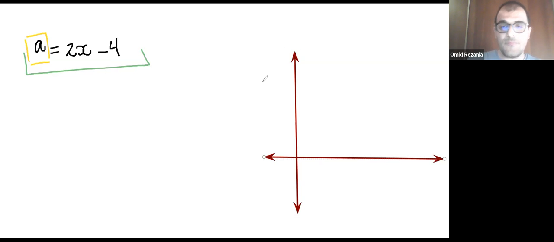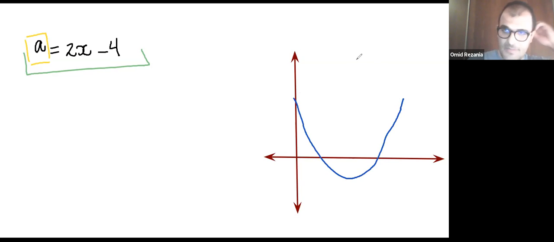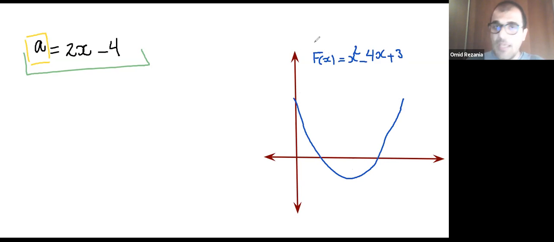For example, the quadratic function which we presented was f of x equals x squared minus 4x plus 3. We see that we were interested at this point.